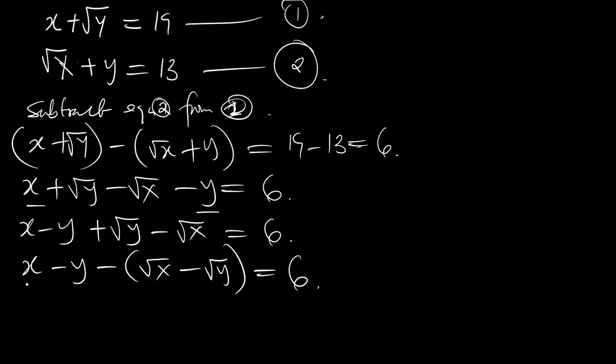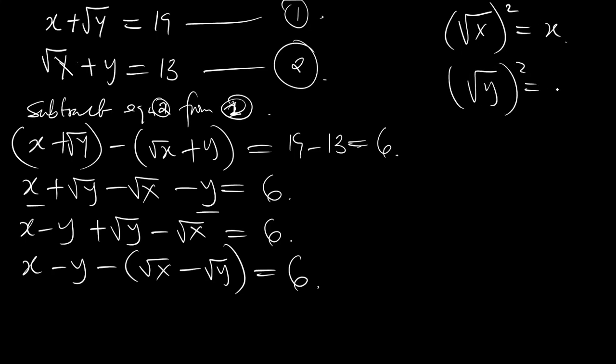Now looking at this, we will use this rule, that the square root of x all squared is equal to x, and the square root of y all squared is equal to y.